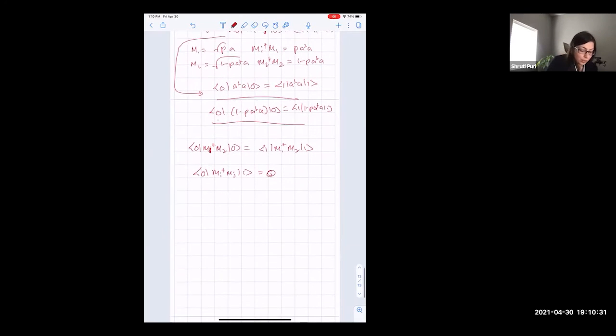In order to understand when these two conditions can be satisfied, let's expand the logical 0 and logical 1 states in the photon number basis. I can always do that, right? I can always write 0 as some superposition of Fock states and 1 as some superposition of Fock states.